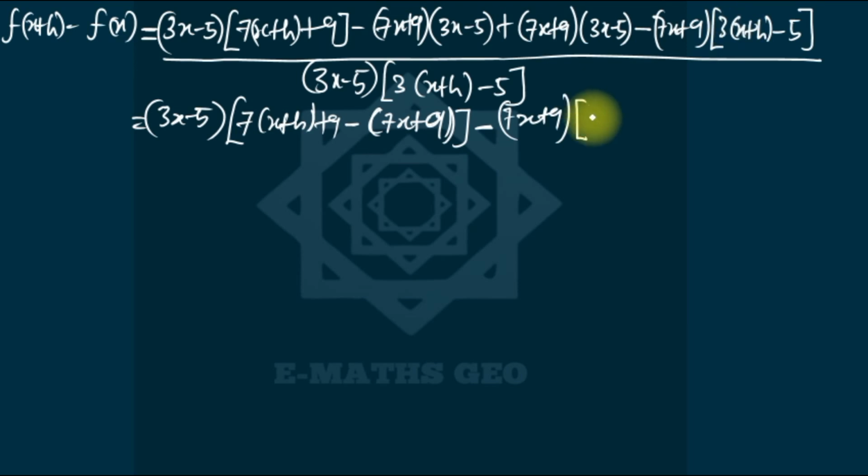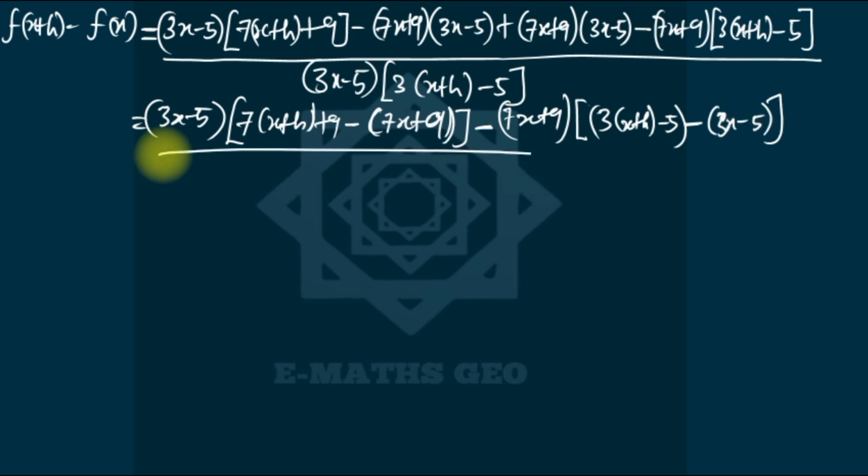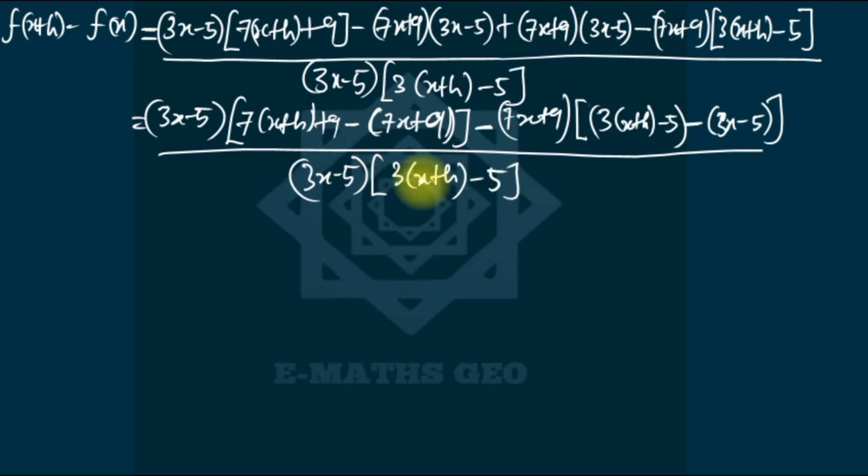So I have 3 times x plus h minus 5 minus 3x minus 5. So we'll repeat the denominator, which is 3x minus 5 times 3 times x plus h minus 5.